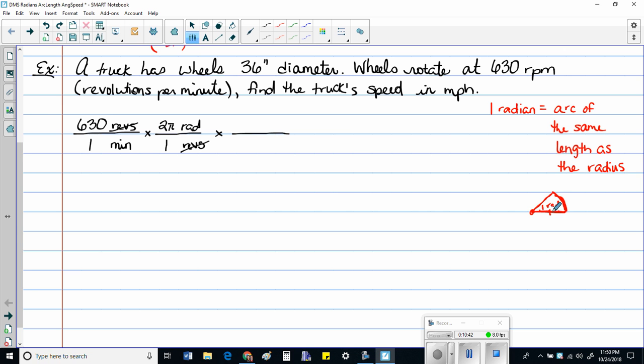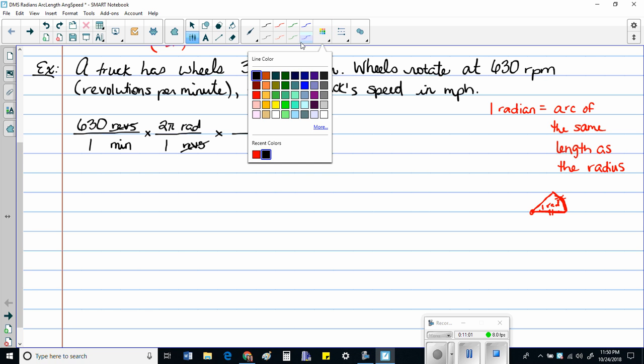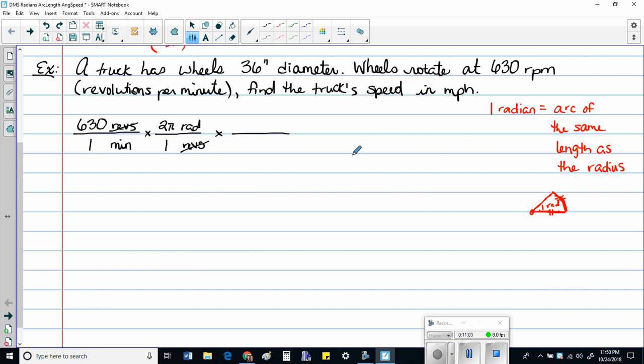If this length is equal to this arc, then that makes 1 radian, no matter the size of the circle. If I rotate until my arc is equal to the radius, and I stop, that's always 1 radian, which is why 1 full circle makes 2 pi.